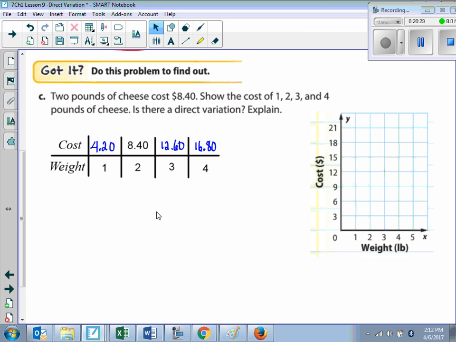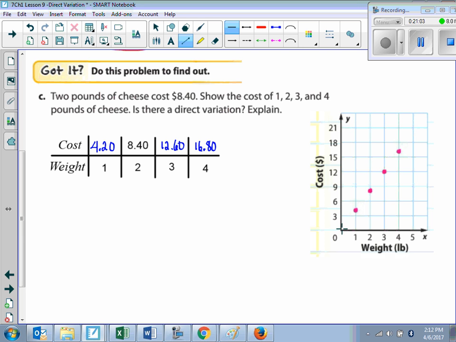And when we graph, we have, let's see, one costs $4.20. 2 cost $8.40. 3 cost $12.60. And 4 cost $16.80.